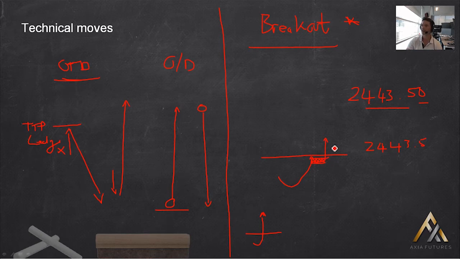The second is once the break occurs, we want to see volume plus volatility. You want to see a shift in the velocity of price movement. You want to see a real break and go once we take out the key level, and you also want to see the volume pick up. Why?